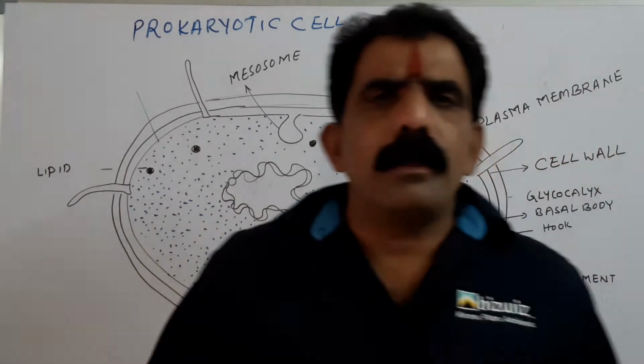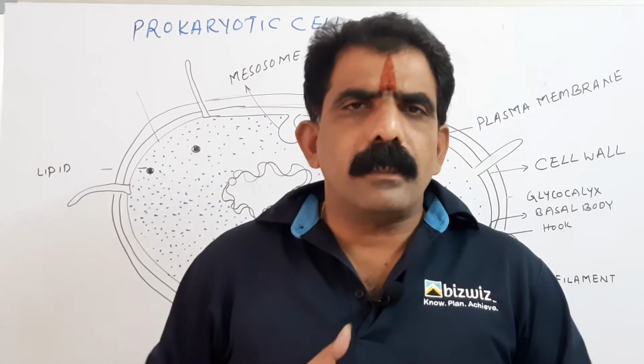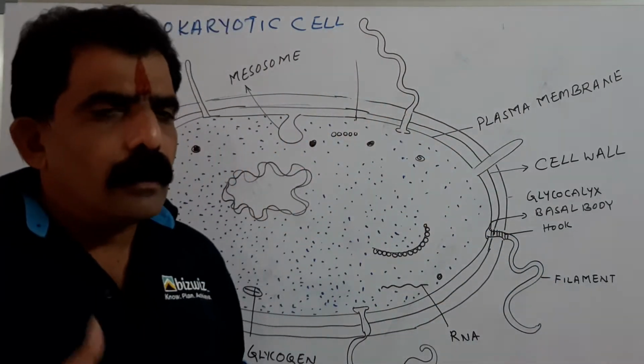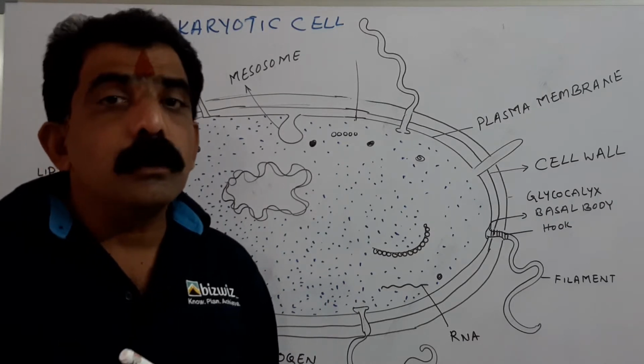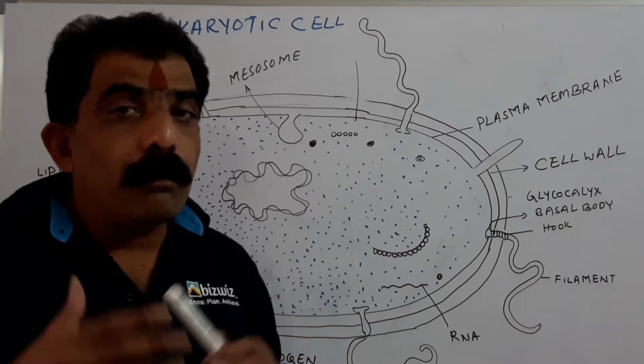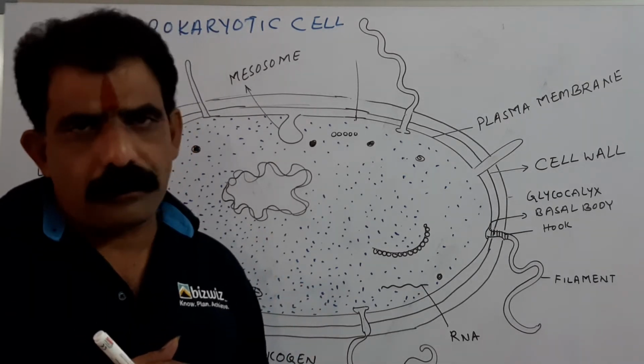So, what is a prokaryote? Pro means primitive, karyon means nucleus. The organisms that have a primitive nucleus are said to be prokaryotic cells.